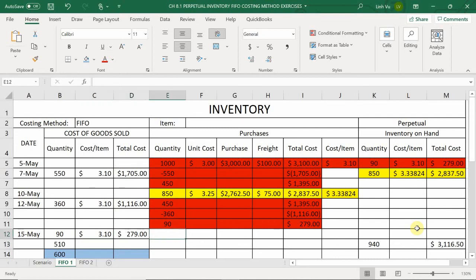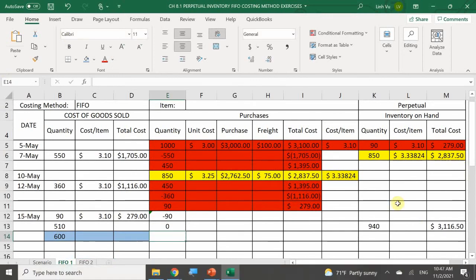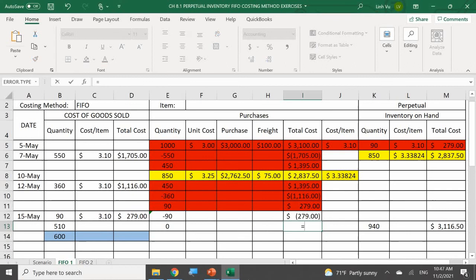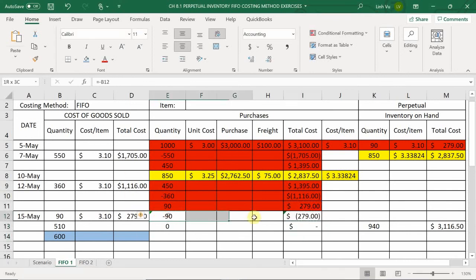So I'm going to also make an indicator here that I'm subtracting the 90 so I can verify that this is 0. All right, same thing here. I sold my first 90 units, so that should bring my red batch to 0.